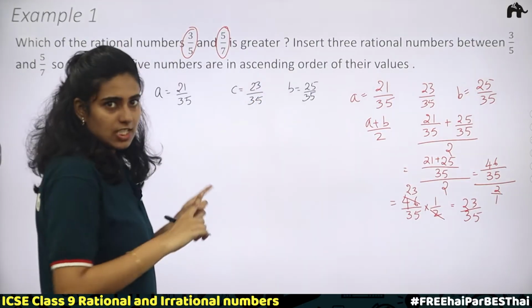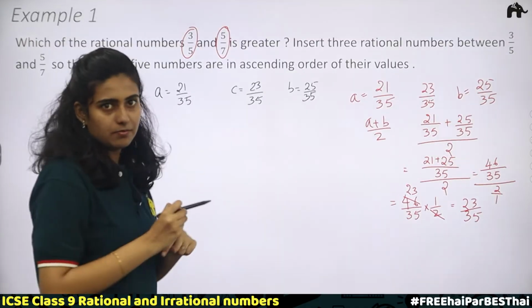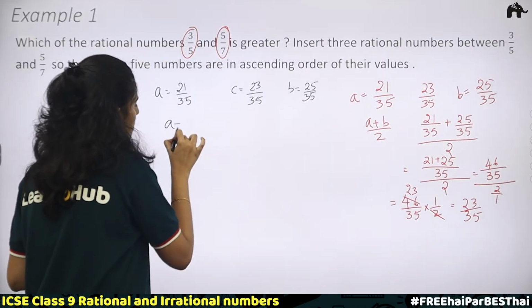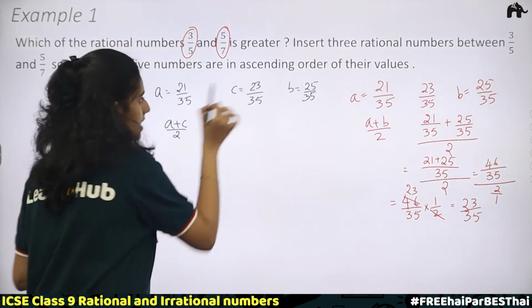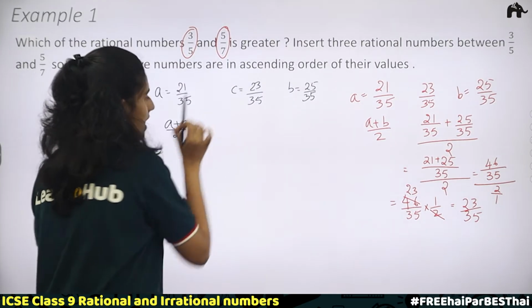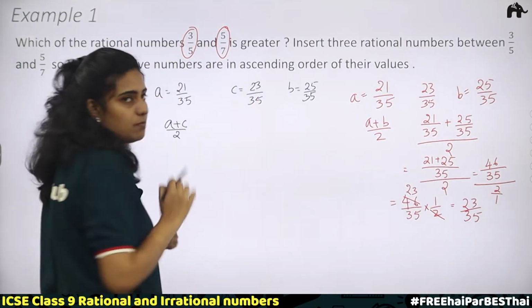To get the next rational number which lies between A and B, what can be done is take A and C. Okay, find what A plus C divided by 2 is. You will be getting a rational number because both these are rational numbers and it lies between A and C. If it lies between A and C, it means the number lies between A and B also.